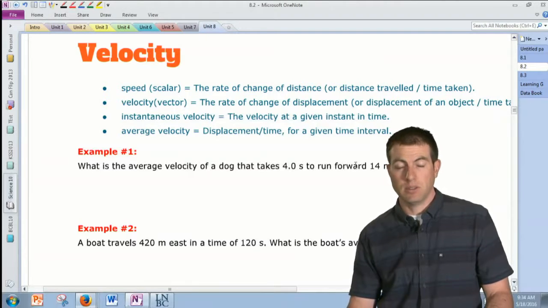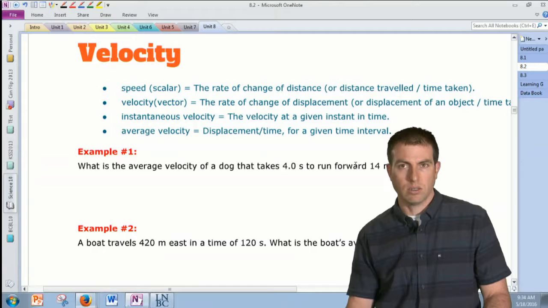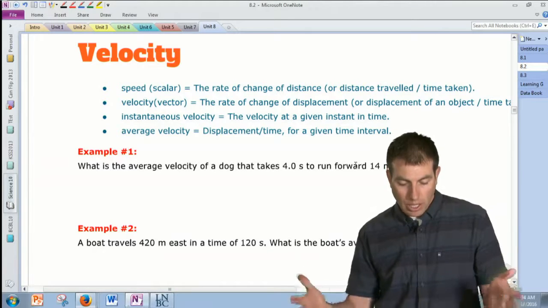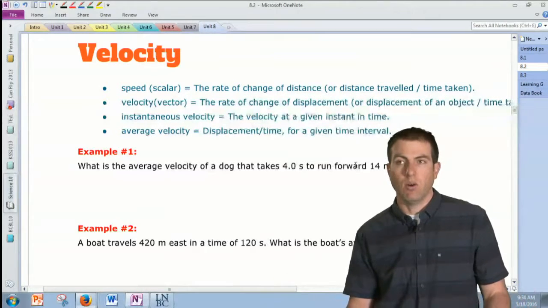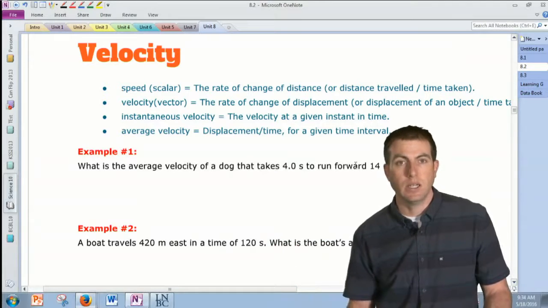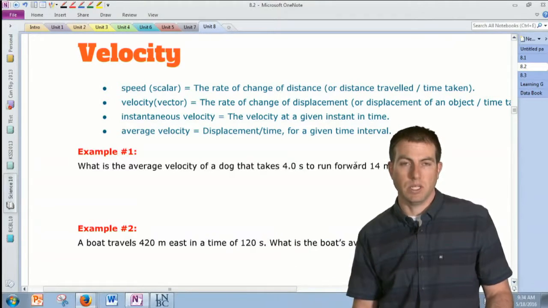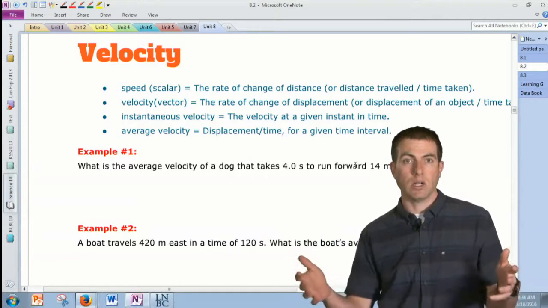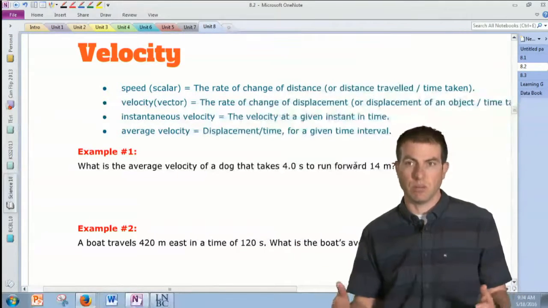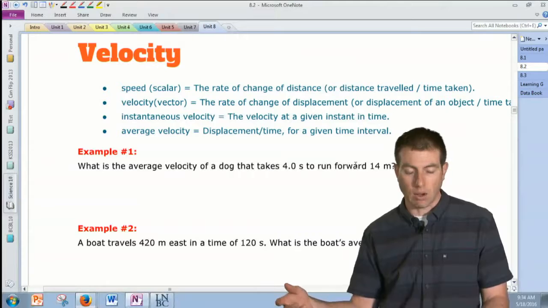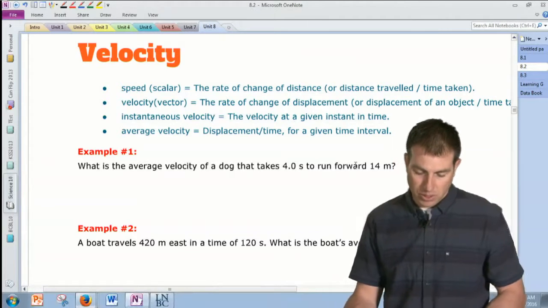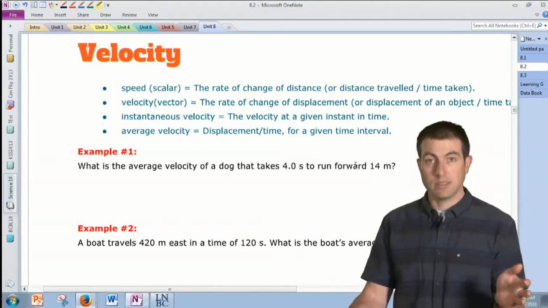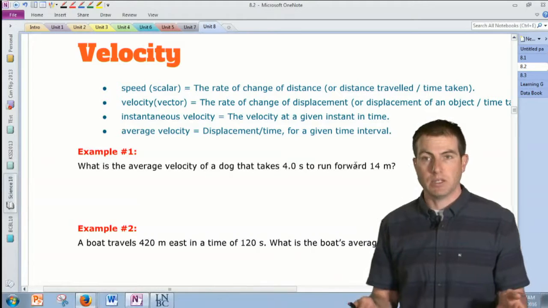If you think about it, 100 kilometers per hour. I'm traveling 100 kilometers every hour. Or if I'm in a city, 50 kilometers per hour is the speed limit. So that means at that speed, if you drove that speed for an hour, you would cover 50 kilometers. That's what we're talking about here. How much distance are you going to travel in a given amount of time?